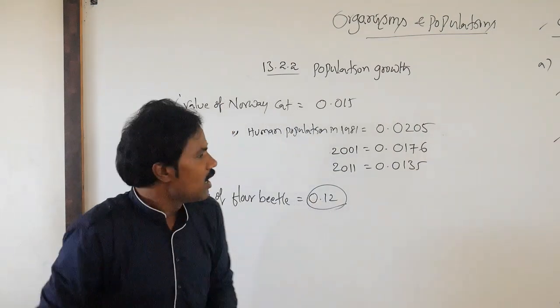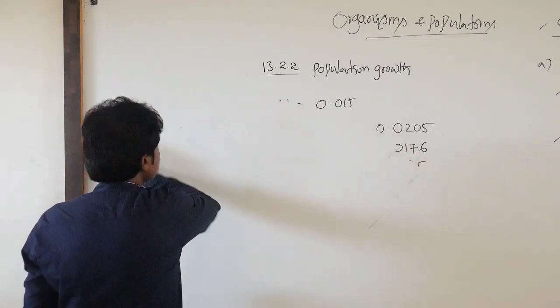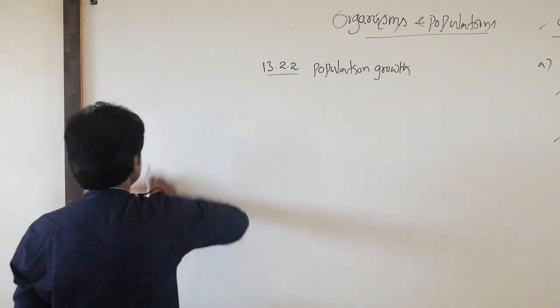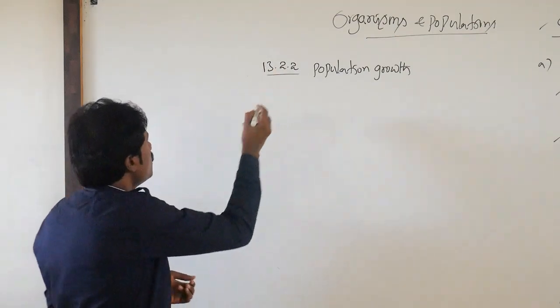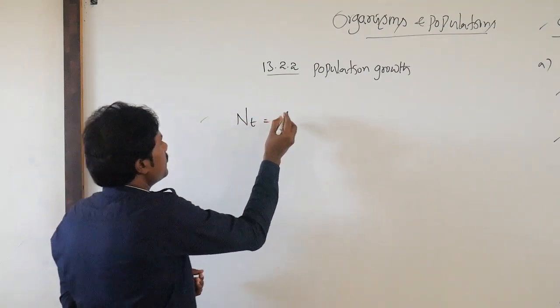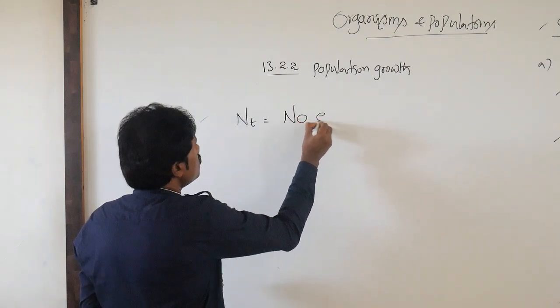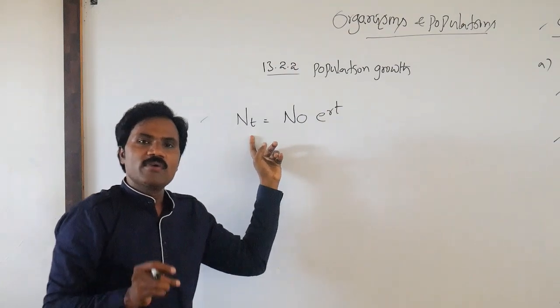What is the logarithmic value while calculating? Nt is equal to N0 e^rt. Here, what is the meaning of Nt?